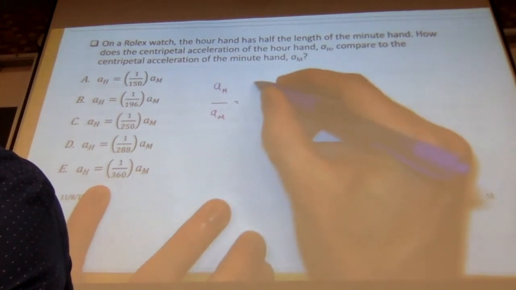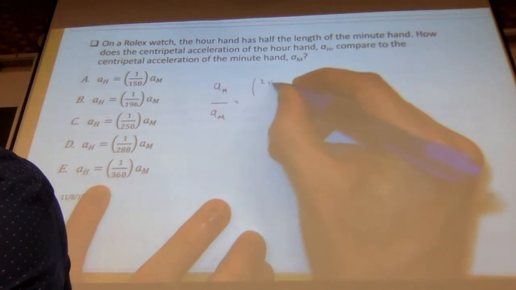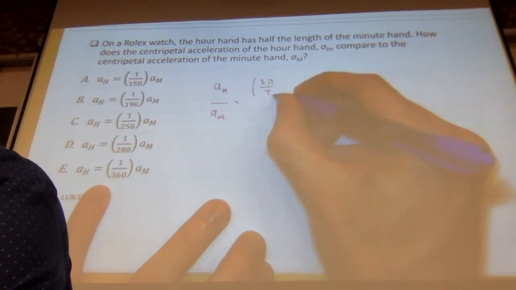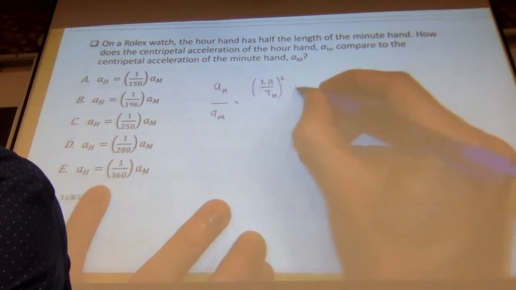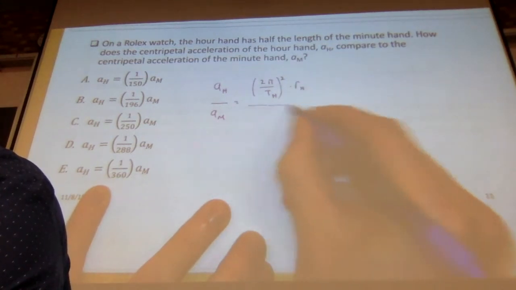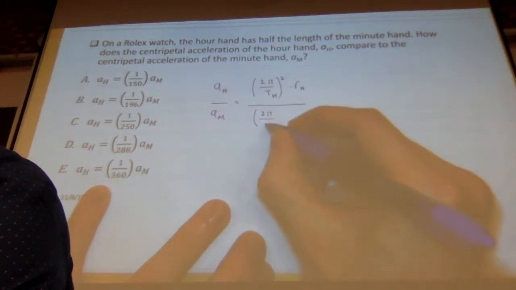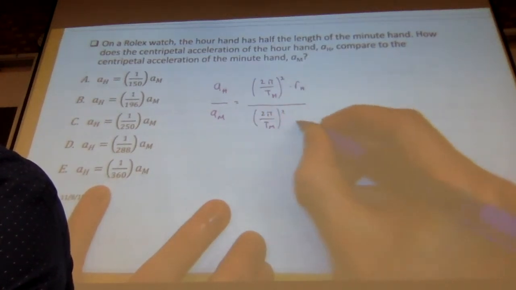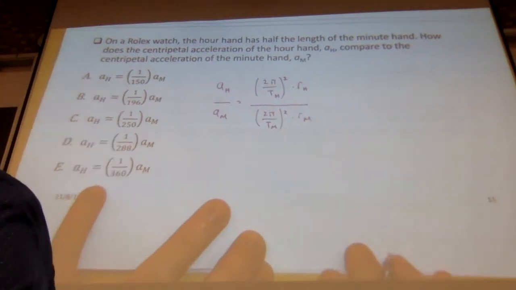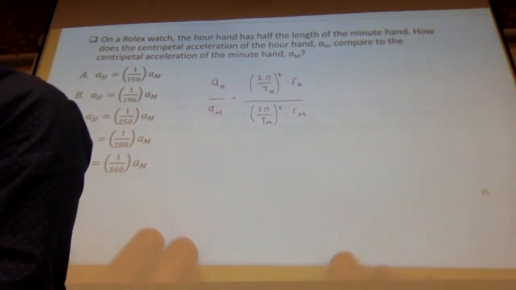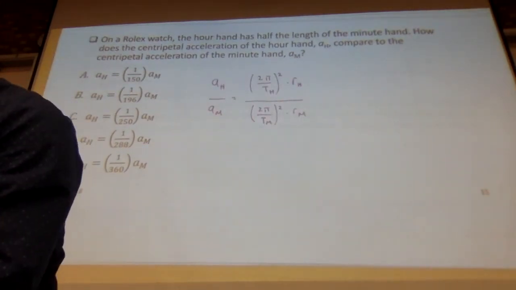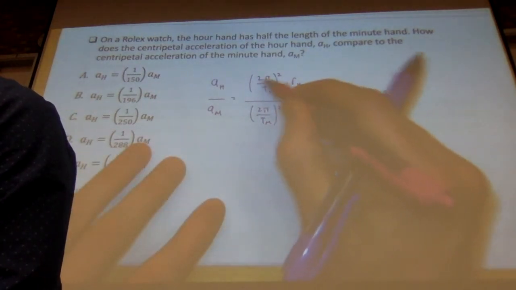And I'm going to write this as 2 pi over T of the hour hand, squared, times R of the hour hand, over 2 pi over T of the minute hand, all squared, times R of the minute hand. And then the 2 pi squared piece will go away on both sides.